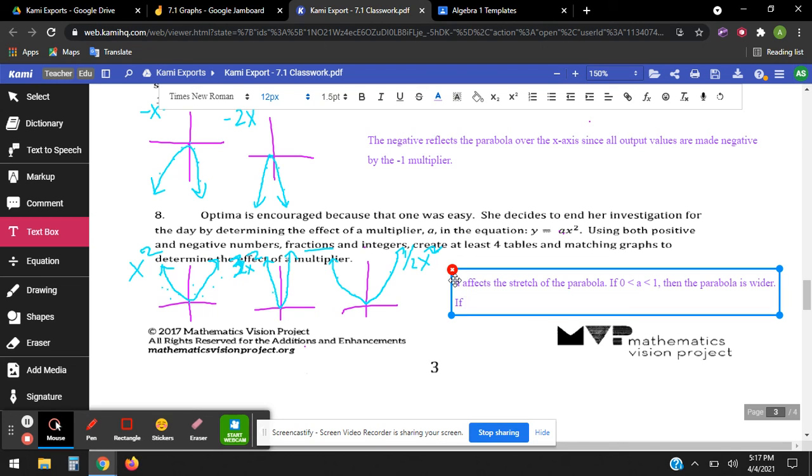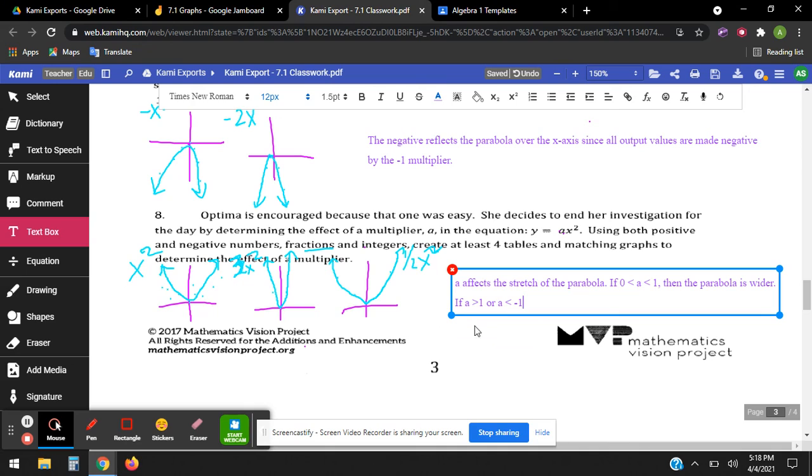If a is greater than 1 or a is less than 0, or less than, let's say, -1, right? Because we said if we had a -2, it was going to make it skinnier. If we had a +3, it was going to make it skinnier.